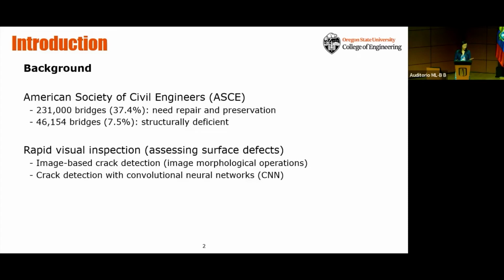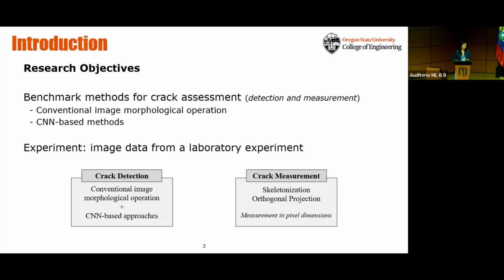So there are several image-based techniques. Several researchers have been working on this for the past 2-3 decades. There are the image morphological operations that are traditional approaches, but there are also deep learning-based, CNN-based methods out there to detect the cracks.